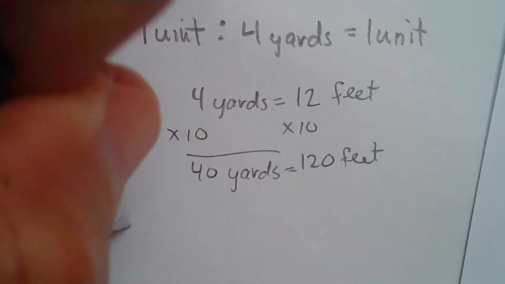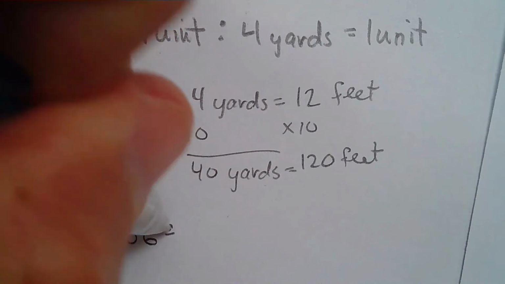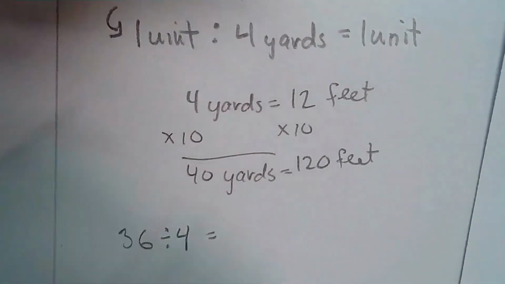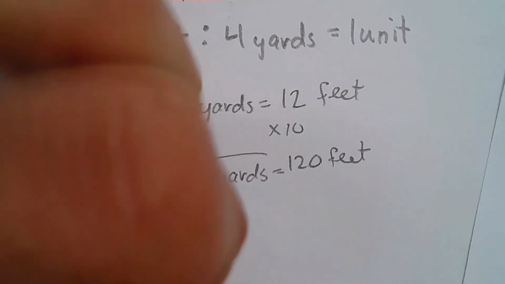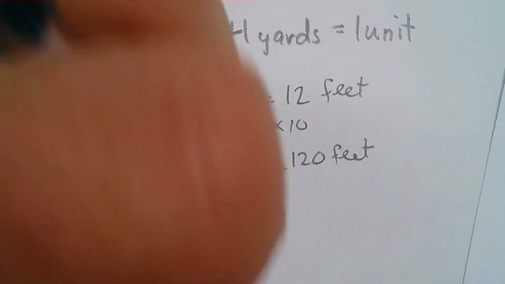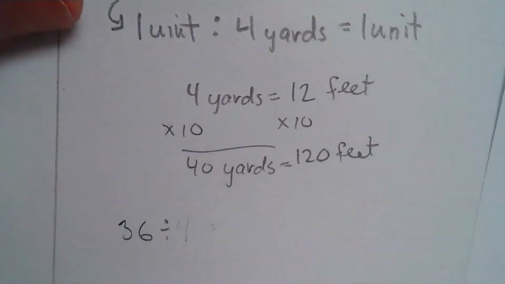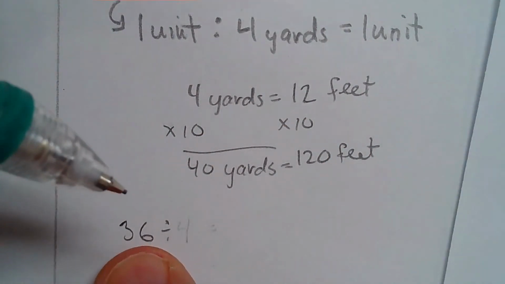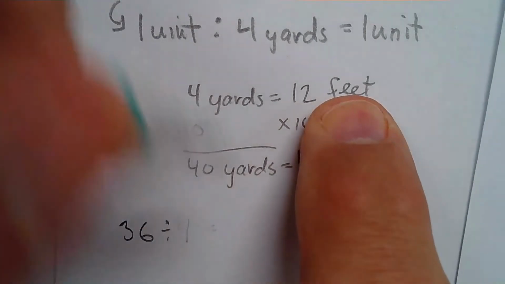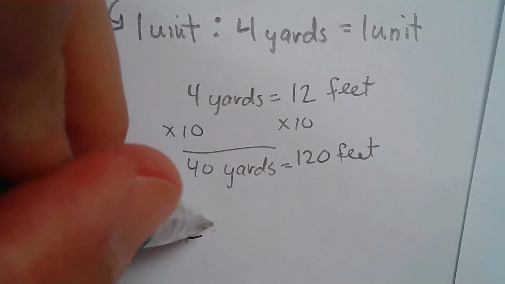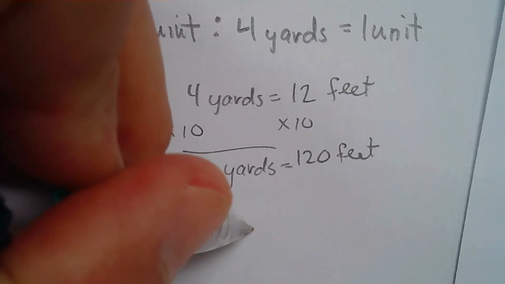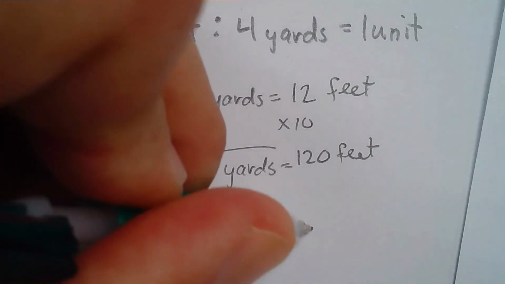But basically, 36 feet divided by 4, wait, why by 4? 4 yards is 12 feet. So if I divide this by 12, that would be 3 squares tall.